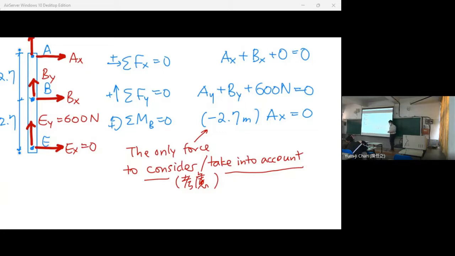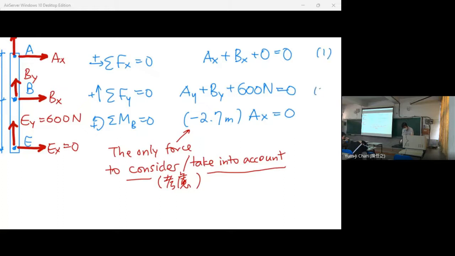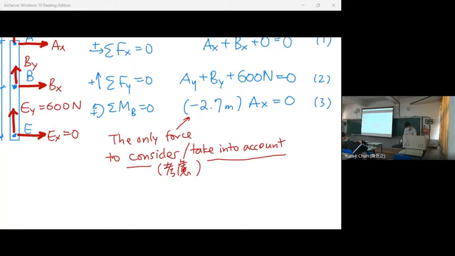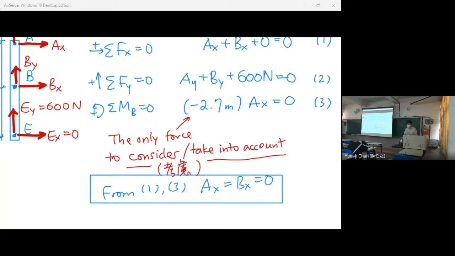And I usually do this. We have equations 1, 2, and 3 here because we have more equations to come. So I would say from 1 and 3, Ax is equal to Bx is equal to 0. And of course, we have not solved Ay and By.